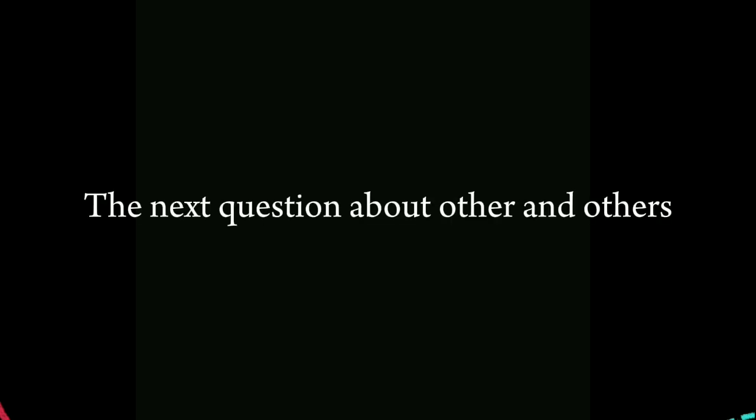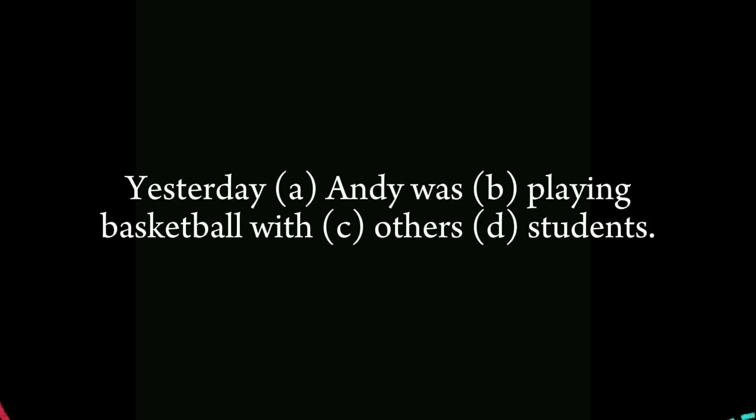The next question is about other and others. Yesterday, Andy was playing basketball with other students. To answer this question, we must know the difference in usage between other and others.